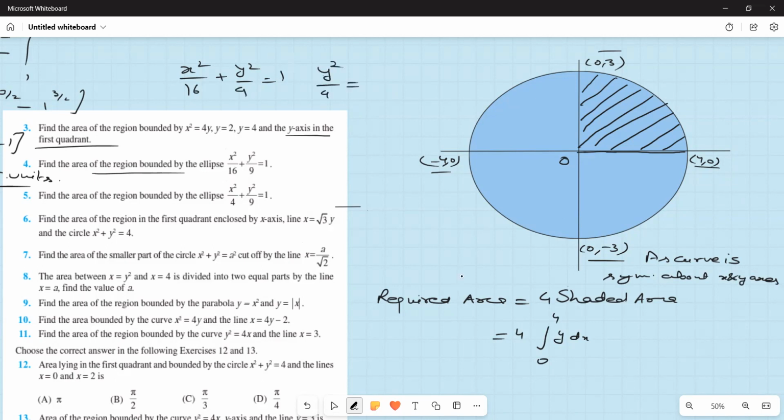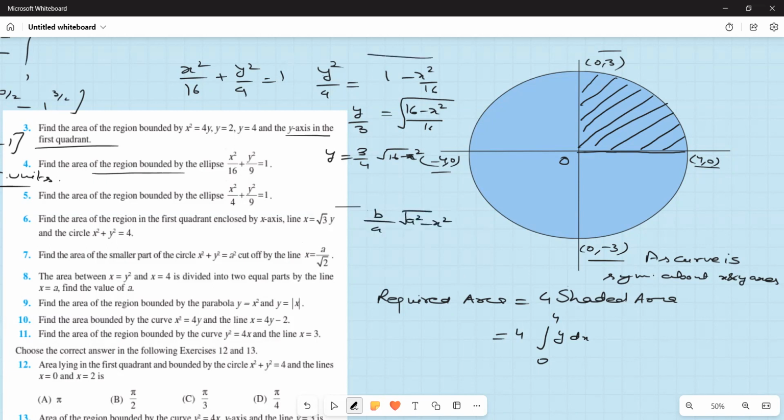So y square, if I transpose this side, it will be 9 times 16 minus x square by 16. If I take the square root, so what are you getting? y is equal to 3 by 4 square root of 16 minus x square. So if you want to remember this, then it is always b by a square root of a square minus x square.